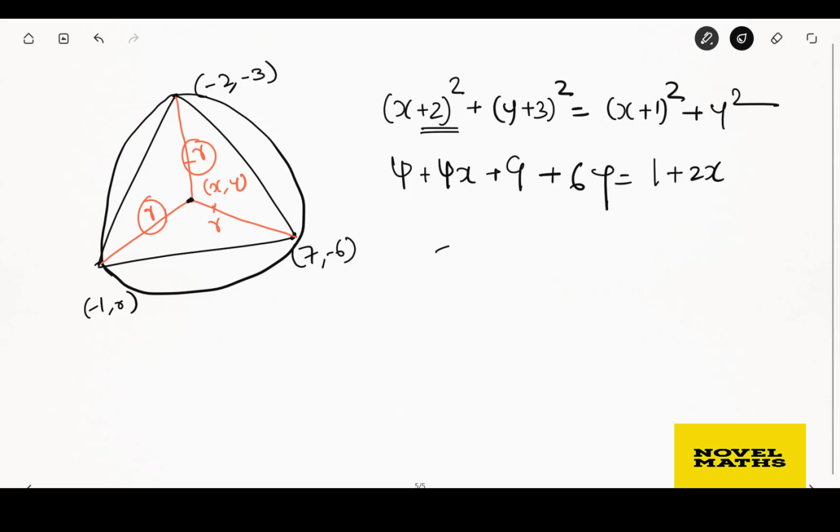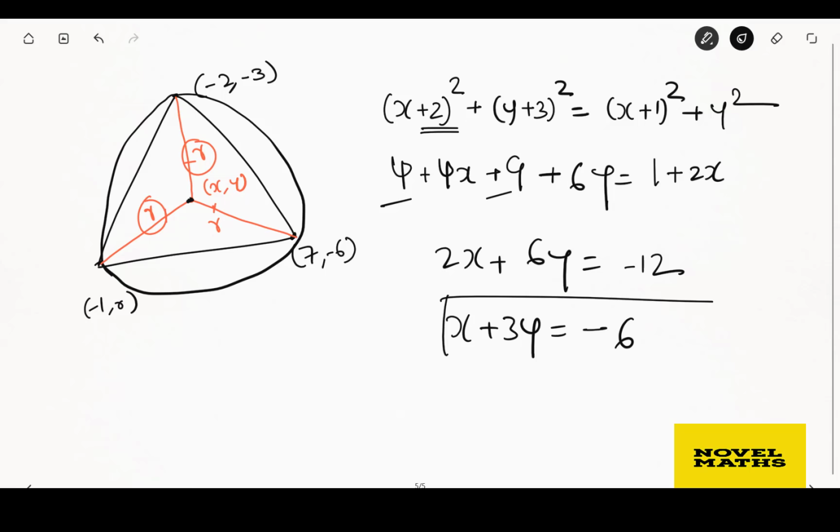This will become 2x plus 6y equals 1 minus 13, which is negative 12, right? And if we solve this, x plus 3y equals negative 6, right? So this is one equation, and if we get another equation, we can easily solve it.